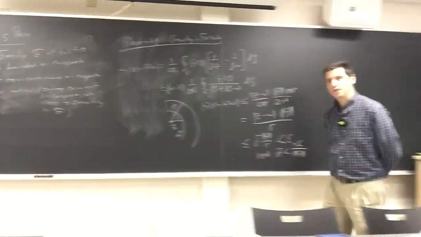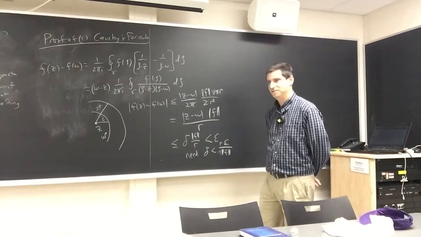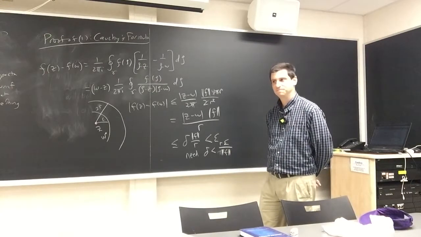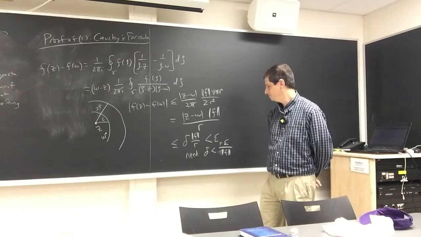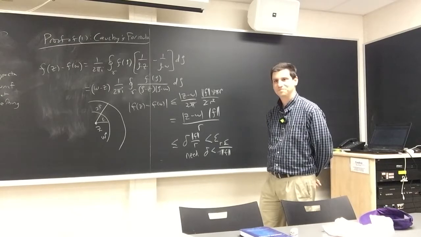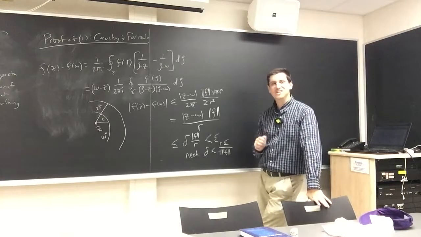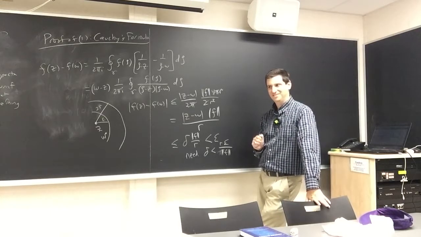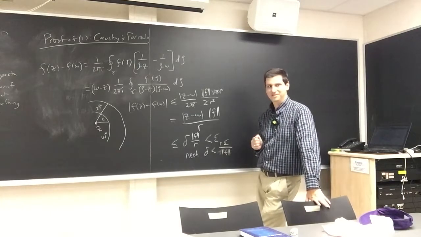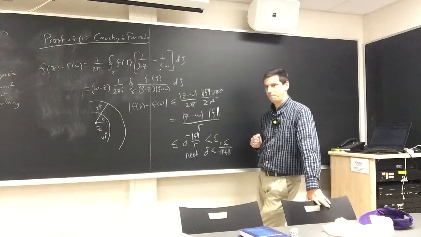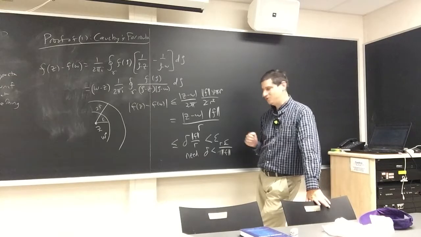So this gives me an opportunity to talk about a subtle point. Is this correct? Unless the function is 0. So here's the question. What if the function's identically 0? Is this correct? How do we interpret this then? Do you interpret this as saying any delta works?